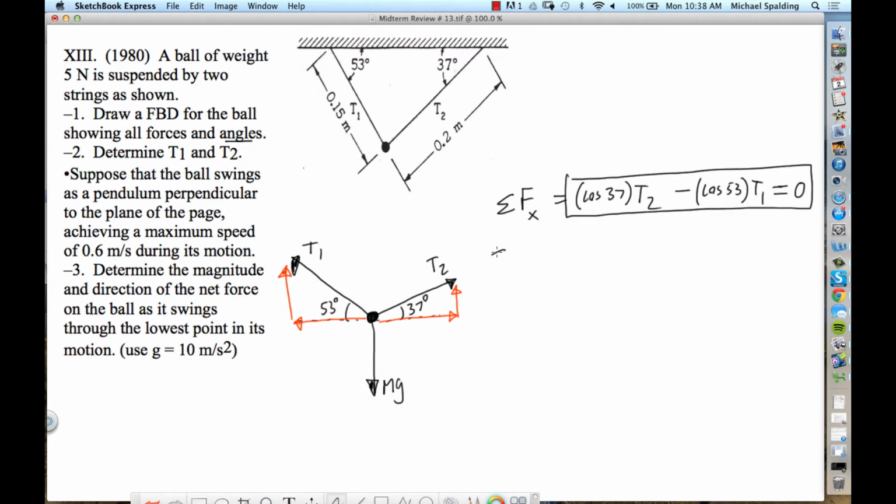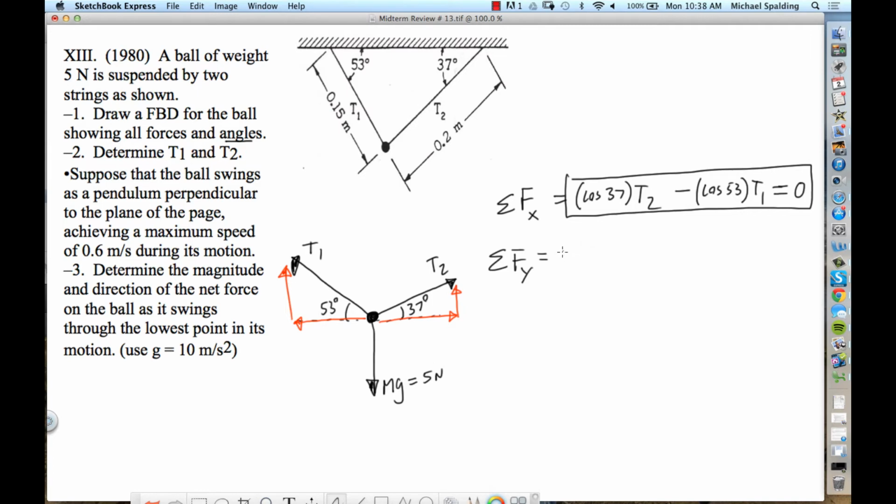All right, now we go to the y direction. In the y direction, we have 3 forces. We have the y component of T2 pointing up. We have the y component of T1 pointing up. And then we have mg pointing down. By the way, mg is equal to 5 newtons.